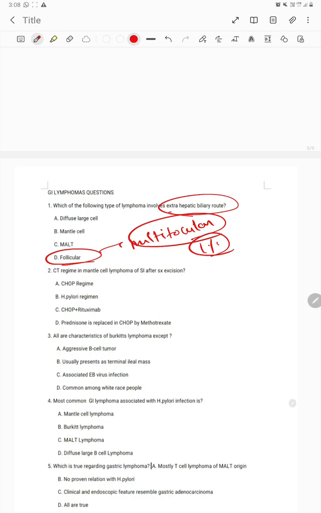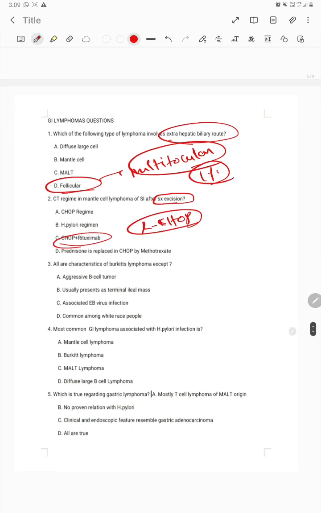What is the chemotherapy regimen in mantle cell lymphoma of small intestine after surgical excision? After surgical resection it is R-CHOP. Here R refers to rituximab. This is a monoclonal antibody.